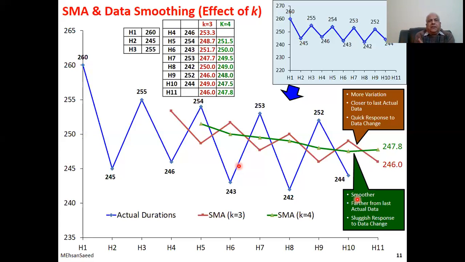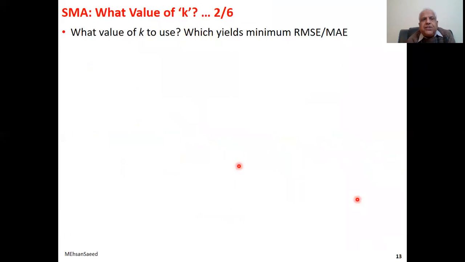The next point is, as project managers, what value of K you should consider? The answer is very simple. Whichever value of K gives you minimum error. I have found a very good example from the net, which I would like to share with you.